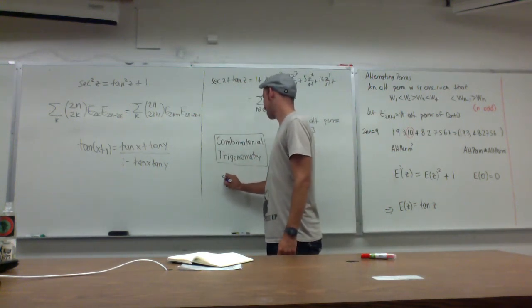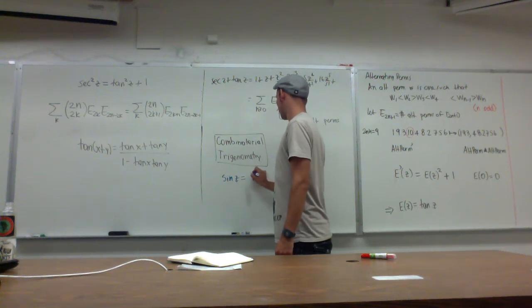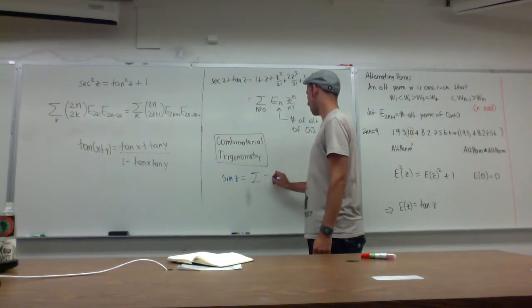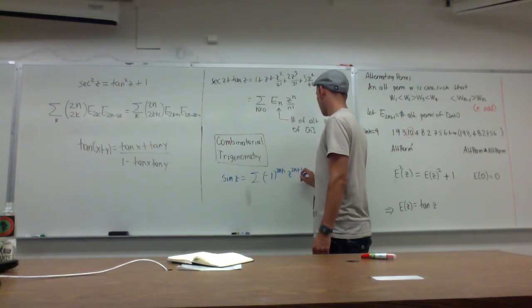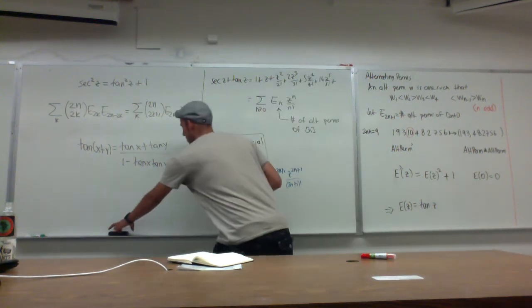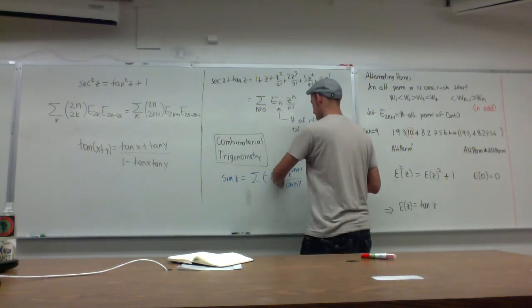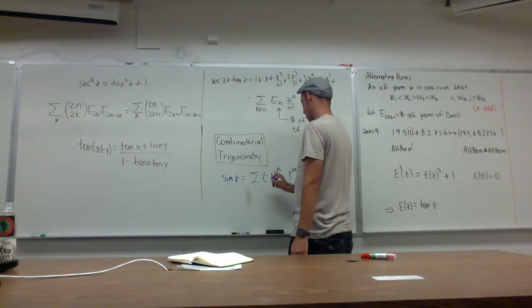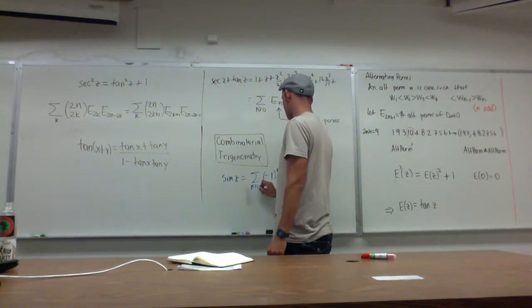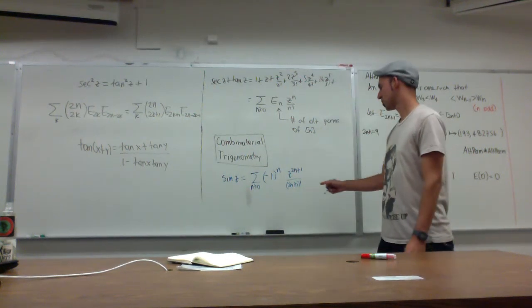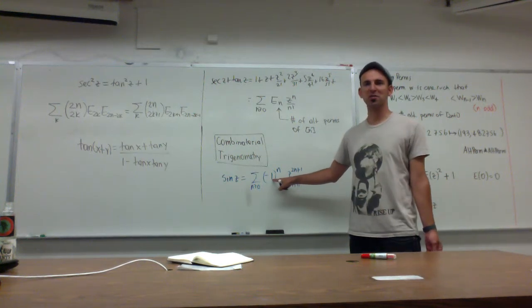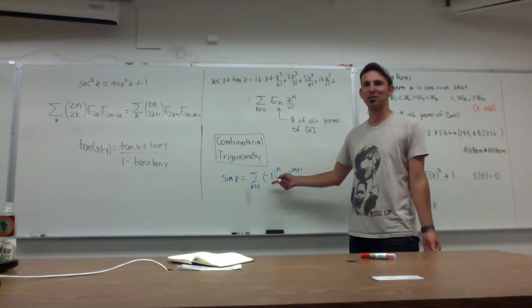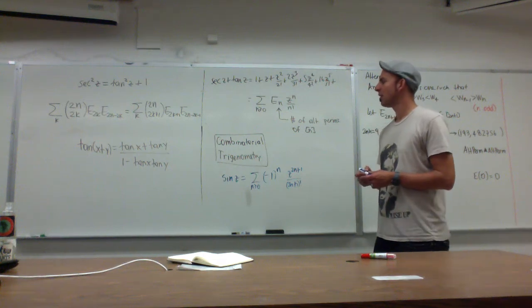The sum of minus 1 to the n, z to the 2n over 2n factorial. So this counts, I don't know. I mean, for one thing, it doesn't have positive coefficients, so then we get a little bit less excited, but also the coefficients are just 1s and minus 1s.